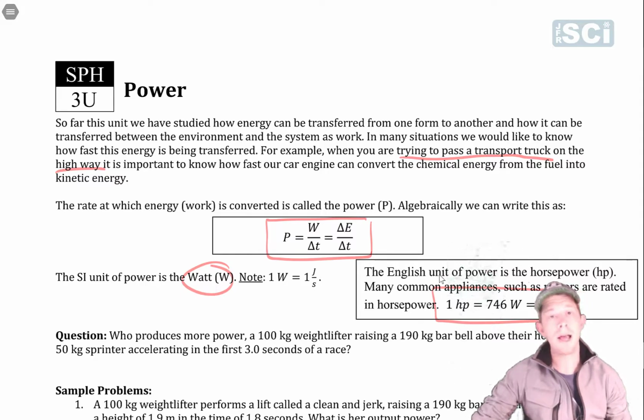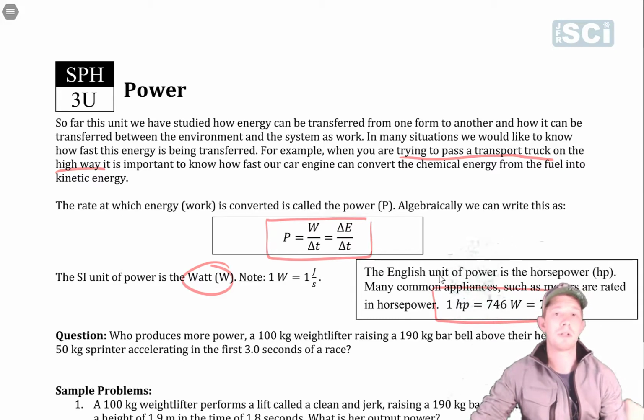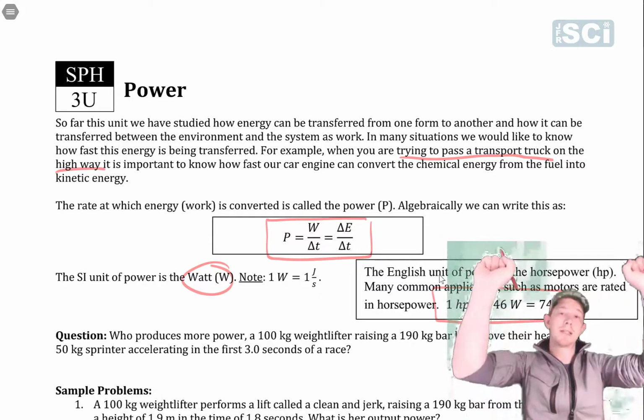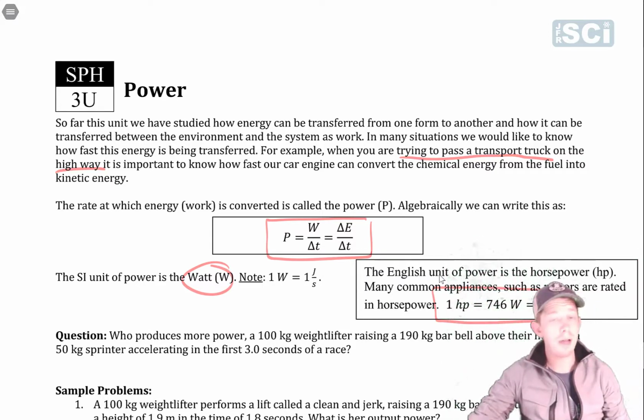I'm going to ask you a question, then pause the video, and I want you to think about it. A 100 kilogram weightlifter is going to lift a 190 kilogram mass above their head. I also have a 50 kilogram sprinter who is going to race off the starting line of a race.